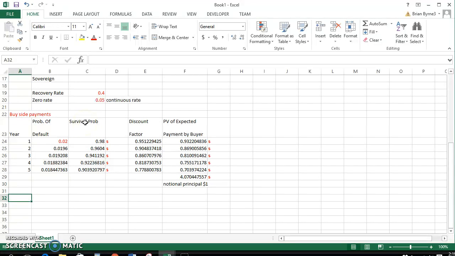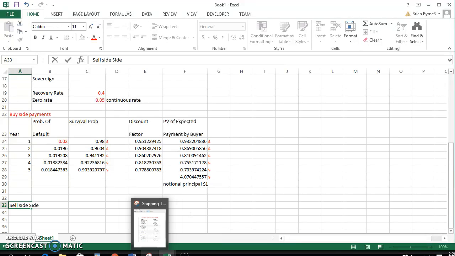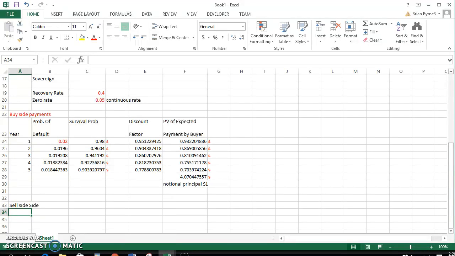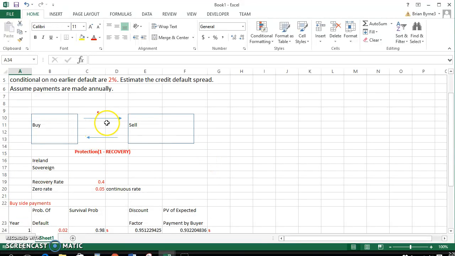What about the sell side? On the sell side, what we have is really a low probability of a high payment. If you think of the seller, normally the seller in these types of credit default swaps, they're not triggered.